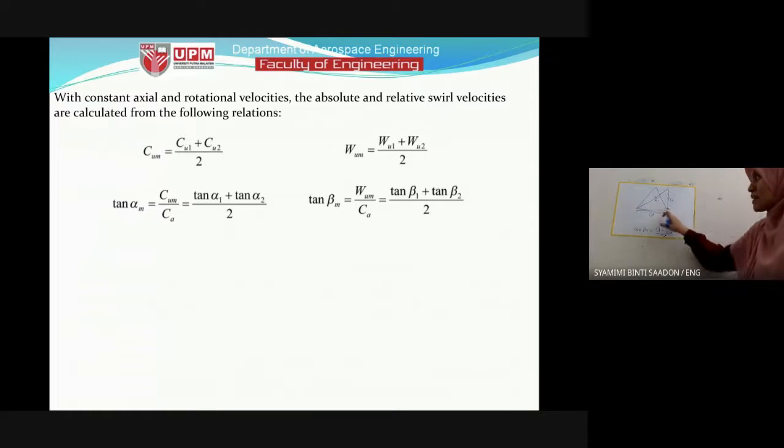This is the first triangle, the triangle at the inlet of the rotor. U is in this direction. So we have C1 axial and W1 the relative velocity. For this one, C1 is equal to CA1.